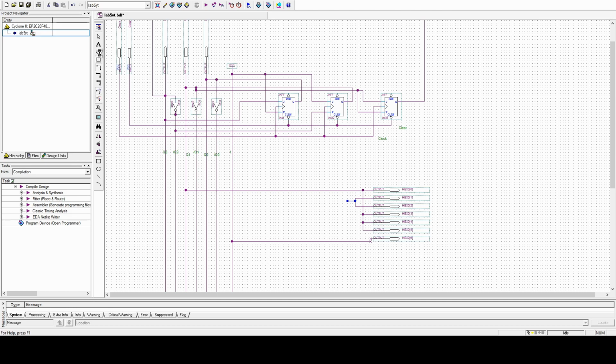So what we're going to do is get an OR gate, and place it about there and connect it there. Now it's not working.